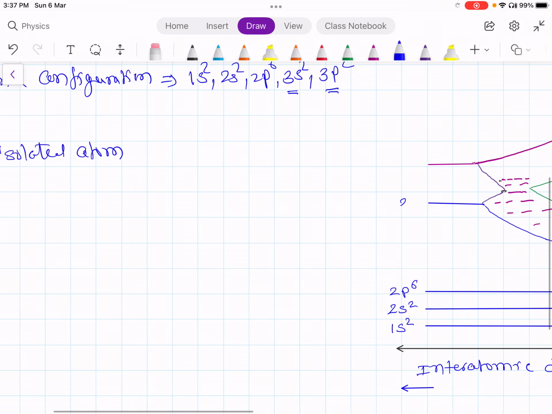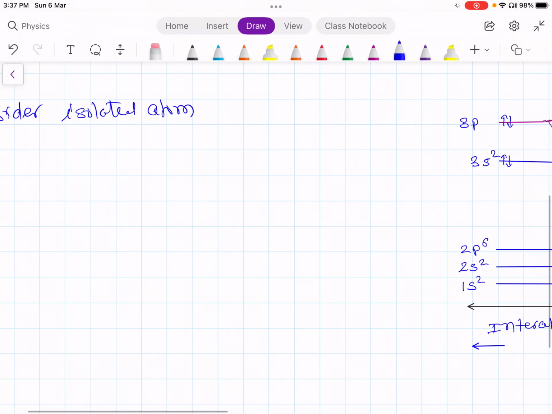Then there is a 3s here which is completely filled, that is it has 2 electrons, and then this is the 3p energy level. It is partially filled. Instead of 6 electrons there are only 2 electrons available. So this is the energy level diagram for the isolated atom. On the y-axis there is the energy, x-axis there is the interatomic distance.